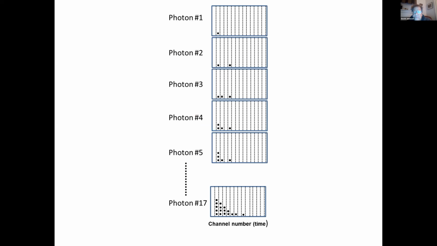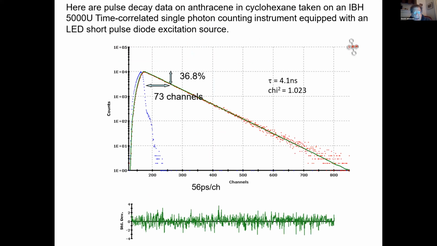So for example, the first photon may go in this channel, the second over here, then the third over here, and you keep going and going, and eventually you build up the curve. So that's basically how we build up this curve right here, channel by channel. Well, in the old days, the flash lamps were relatively slow, like 40,000 flashes per second.